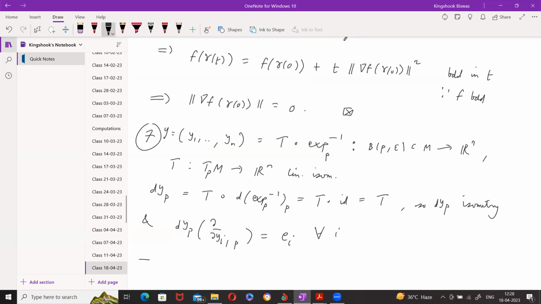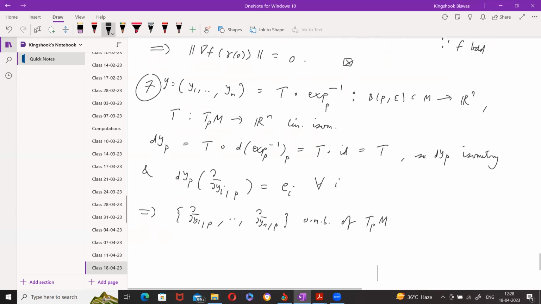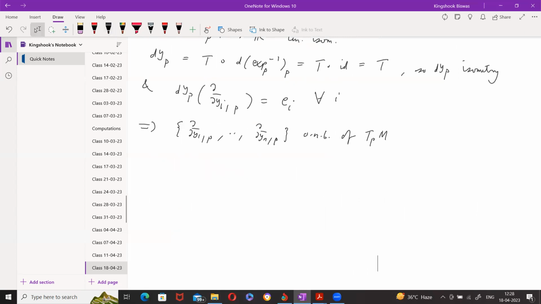That implies that the del yi at P are an orthonormal basis of T_P M. Now dy1 at P up to dyn at P is the dual basis.